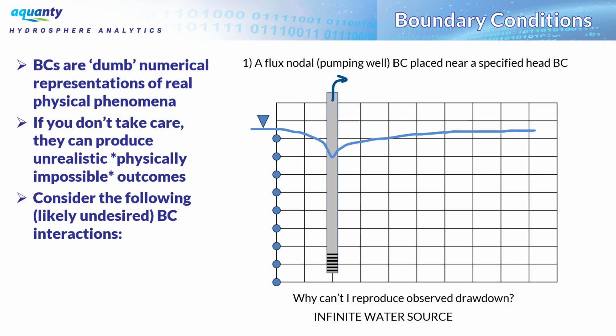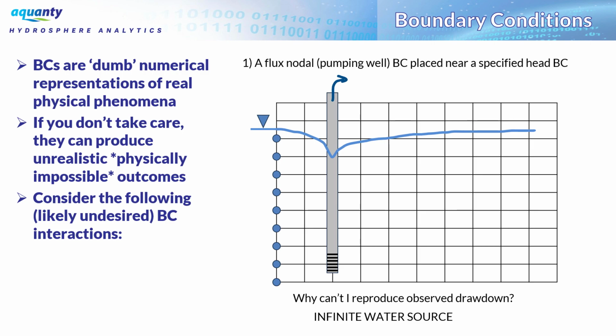Well, it's because you've placed the flux nodal boundary condition near a specified head boundary condition, which is essentially acting as an infinite water source, right? So if you're ever running a model like this where you're trying to recreate a drawdown cone, just be sure that the pumping well is sufficiently far away from any potential boundary condition interactions that will make it impossible for you to recreate that physical observed drawdown.